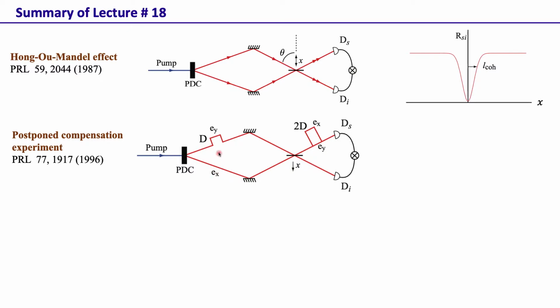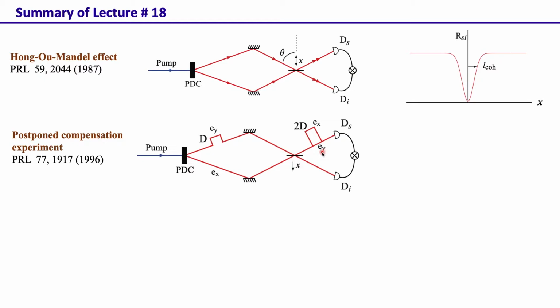For example, this is x polarized and this is y polarized, and then we introduce a delay d in the y polarization. Now, after the beam splitter another delay is introduced, but this is a polarization dependent delay. That means if there is a y polarized photon coming this way, then that will see no delay, but if it is an x polarized photon, then that will see a delay twice d.